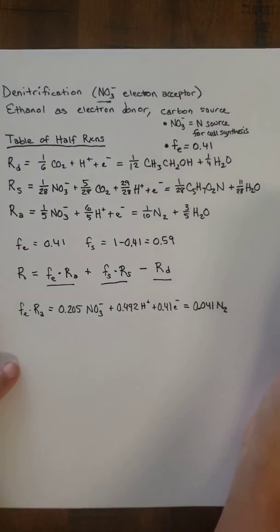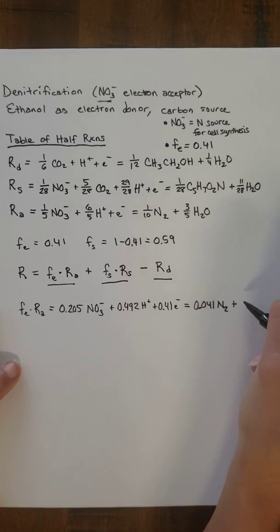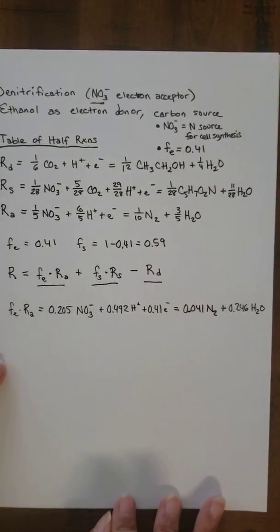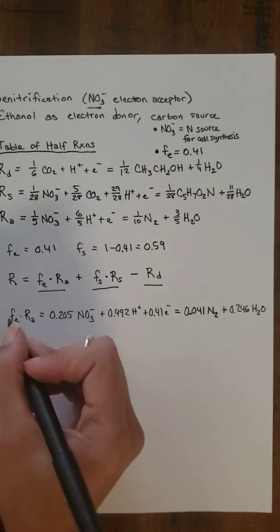And make sure that you can see everything I'm writing here, plus 0.246 H2O. So I'll move that a little bit over here so that you can see all of that. Okay, so we've got that.